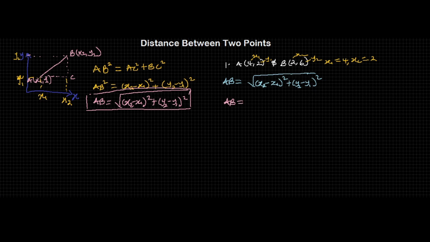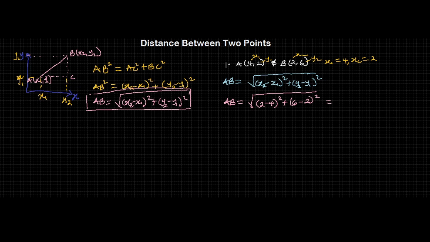AB is going to be equal to square root of x2, which is 2, minus x1, which is 4, squared, plus y2, which is 6, minus y1, which is 2, all squared.